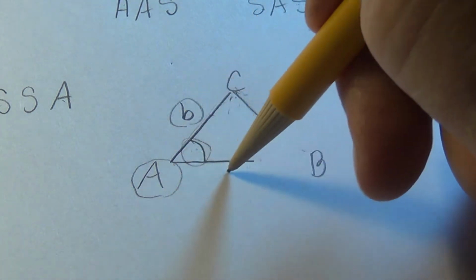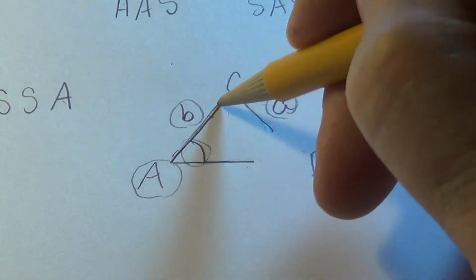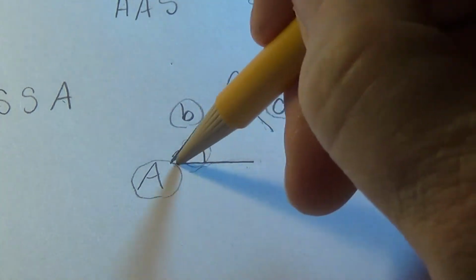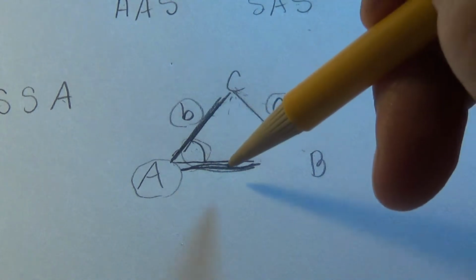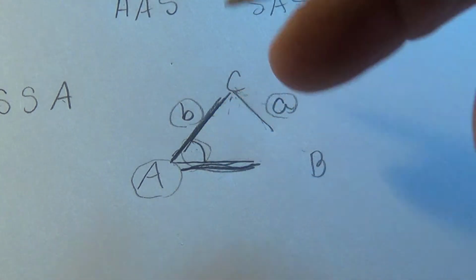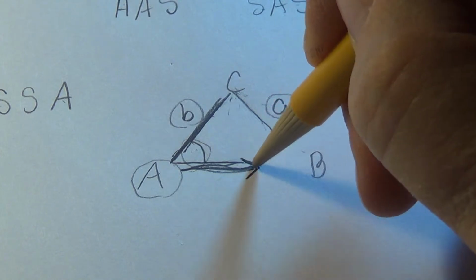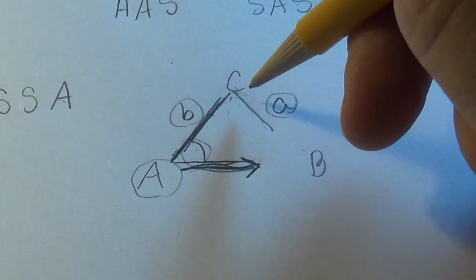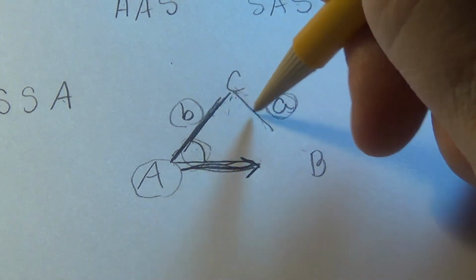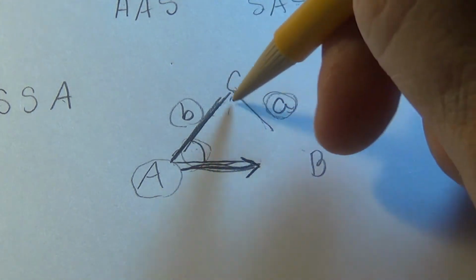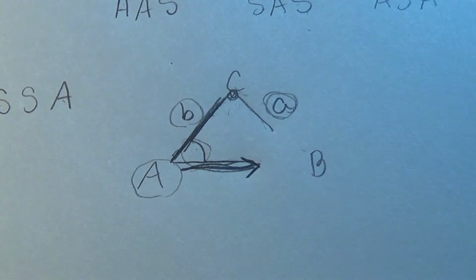So imagine these are cemented in place. But we don't know how long this is. We just know that it's cemented in this direction. And this, we do know its length, but we don't know its angle. So it could be anywhere, swinging around this point there.